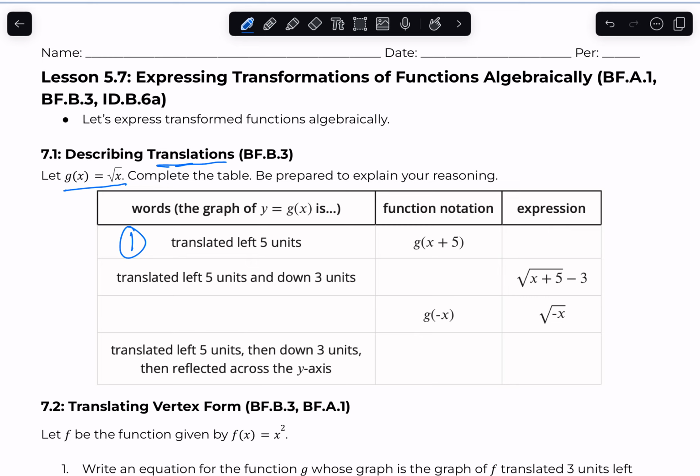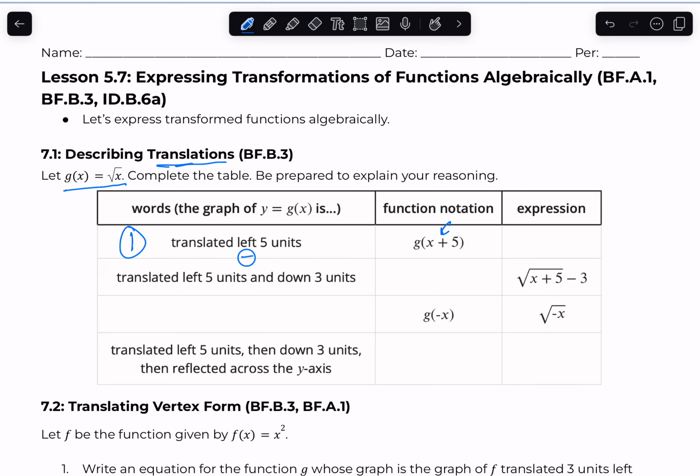Now we learned that in order for it to go left or right, we have to change what's inside the parentheses. On top of that, since we're going left, we assume that would be a negative movement, but we have to complete the opposite movement. So that's why it's x plus 5. Now, the function notation says g of x plus 5, but what does that look like in our expression?